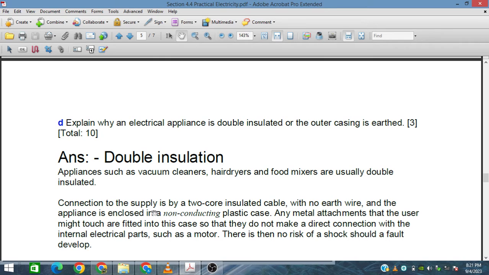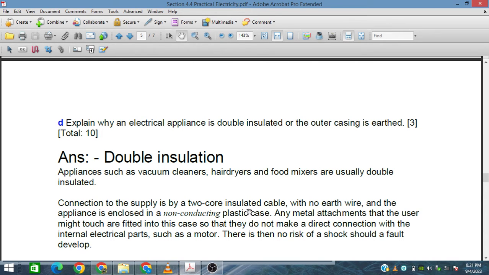If the electrical part is enclosed in a non-conducting plastic case, then if a wire connects to the motor or any electrical part of the equipment, this plastic case will act as the insulation, and there will be no electric shock due to this plastic casing.